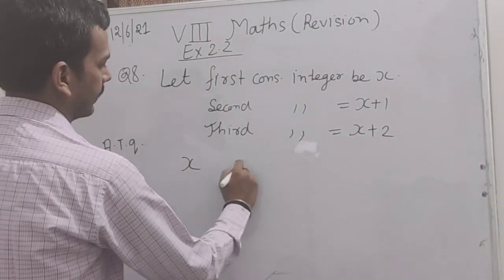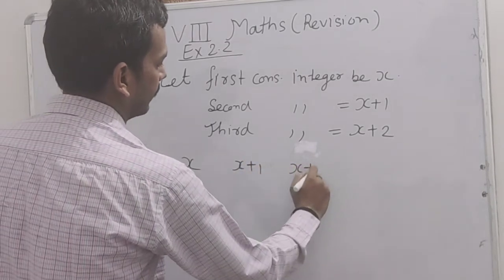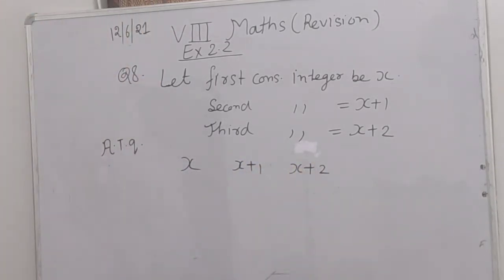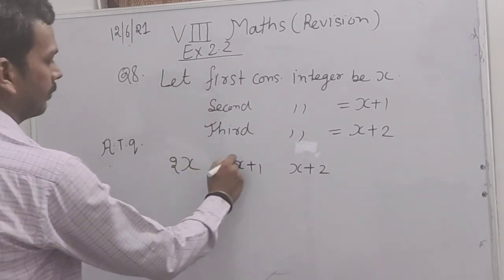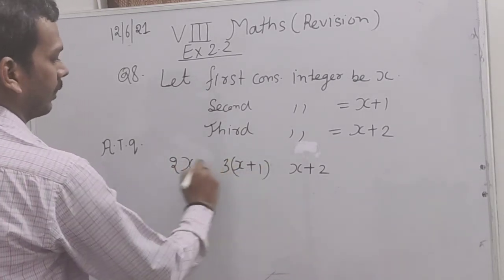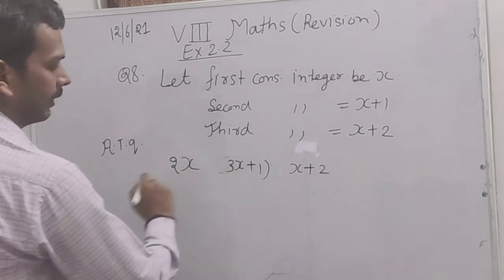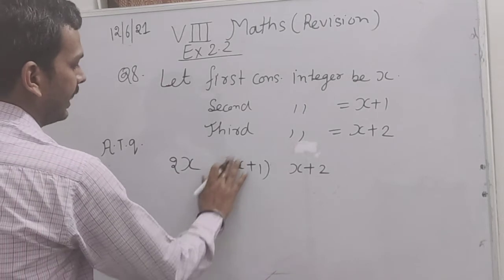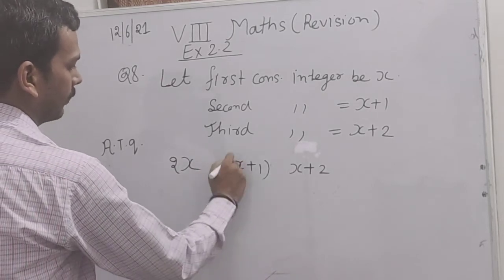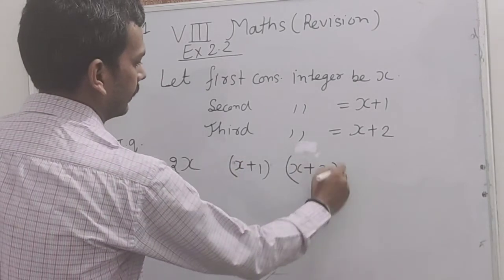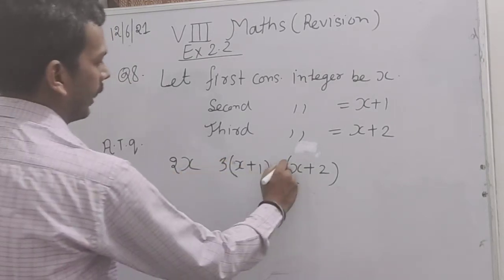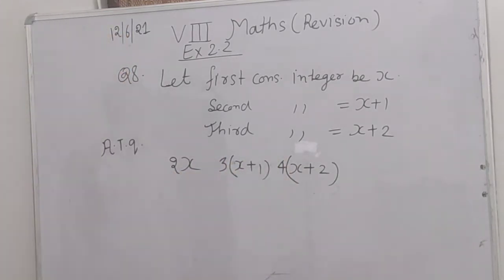When they are multiplied by 2, 3 and 4 respectively, we must put brackets, because if you write it without brackets, it is considered as 3x plus 1. Three times the number means you have to use brackets.